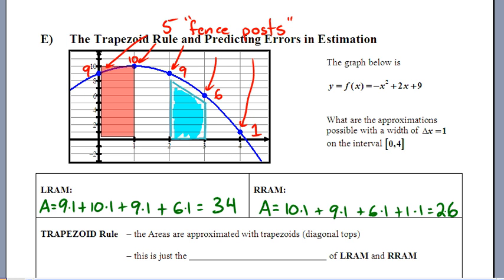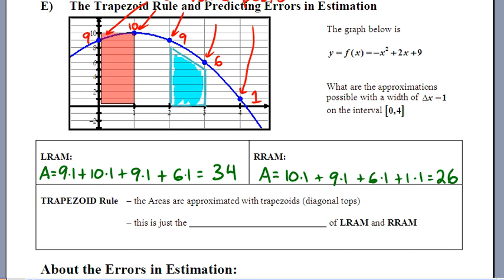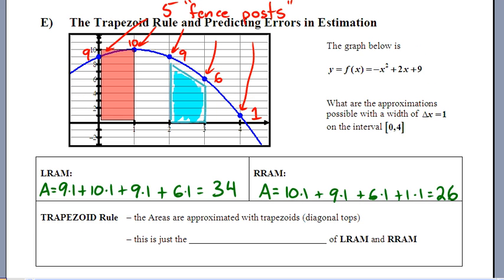A quick way to actually figure out how much area you would get with the trapezoid rule is to just average LRAM and RRAM. It's the nicest, quickest way to find the areas of all those trapezoids. So I'm just going to put in here, it's just the average.